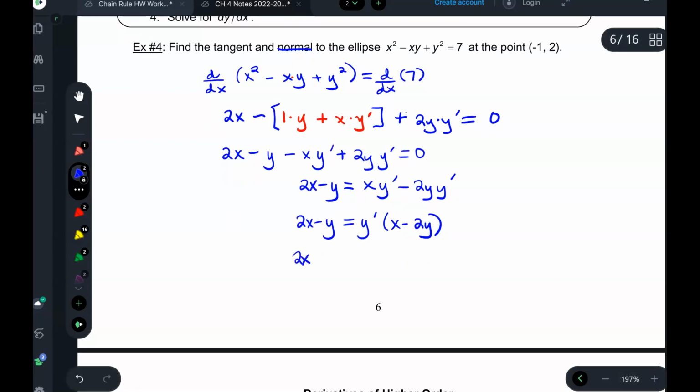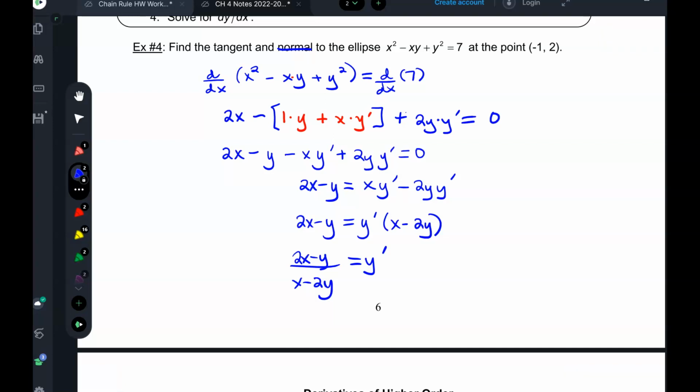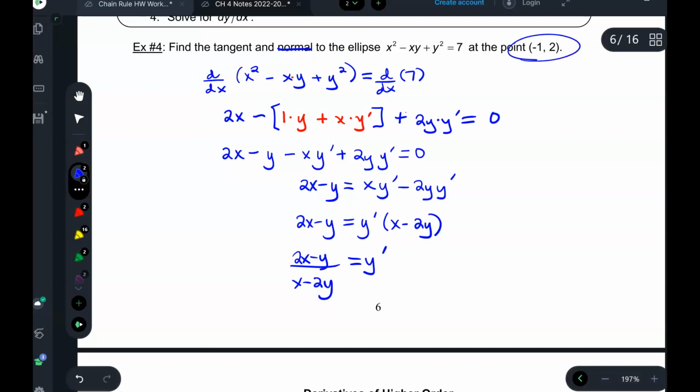Okay, all right, now we're going to divide. So what do we get? 2x minus y over x minus 2y. That's our y prime. And we want to evaluate that. Actually, we're finding the tangent. Don't worry about the normal. Same for your homework. Just a quick reminder, if you encounter a normal, you can ignore that. Just do the tangent.